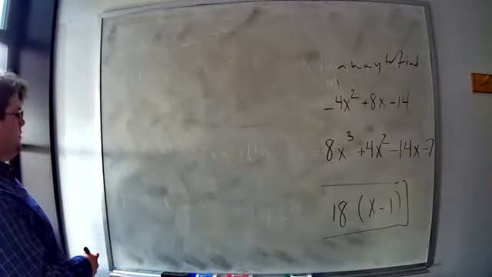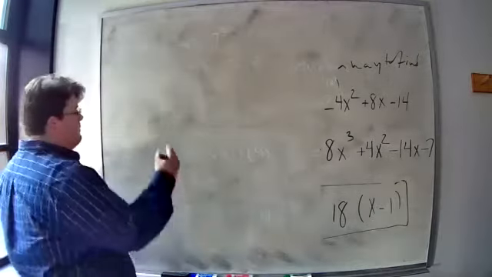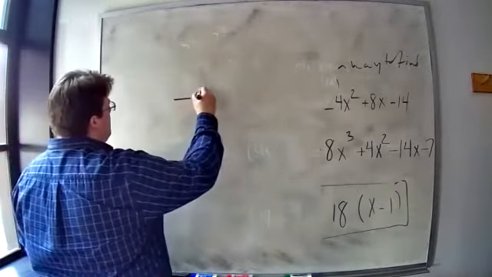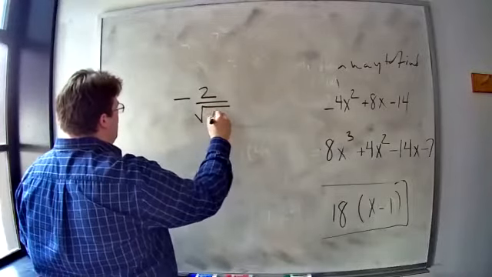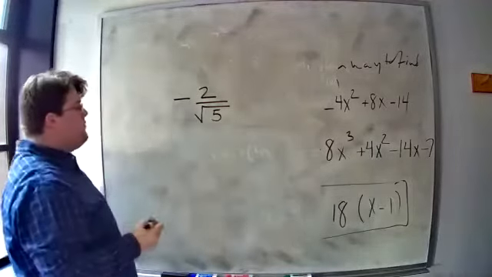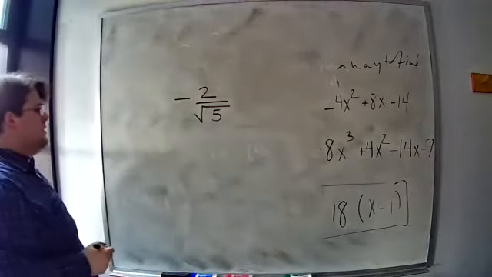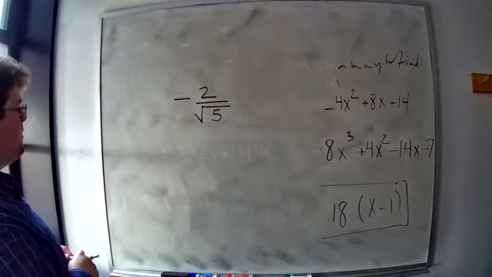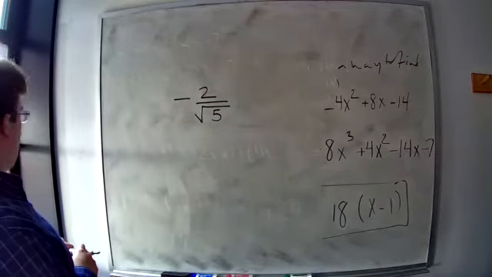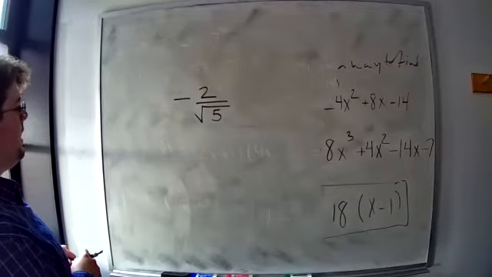Number 2. Negative 2 over root 5 is the correct answer. Many submitted positive 2 over root 5. It is negative.